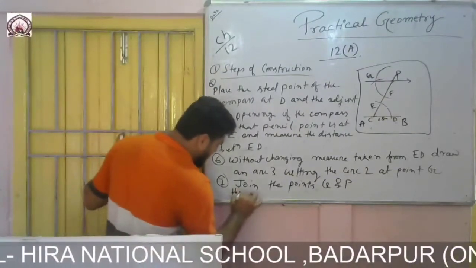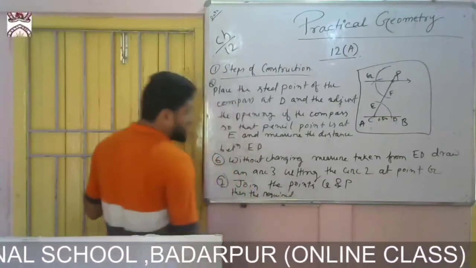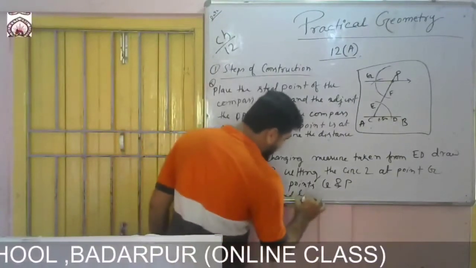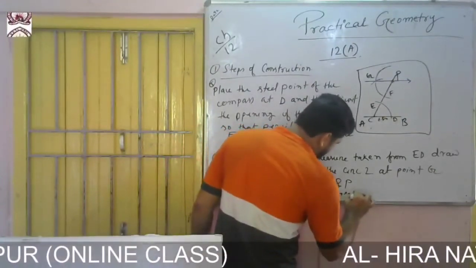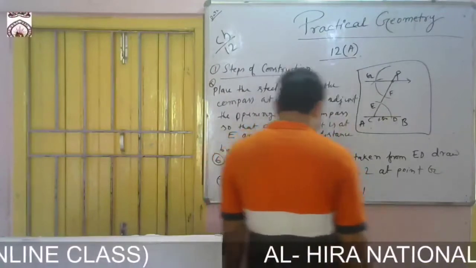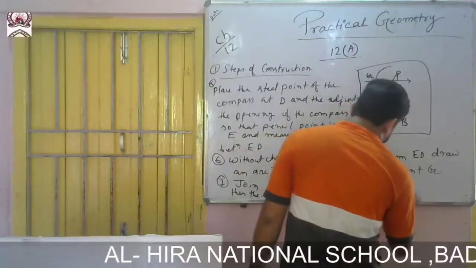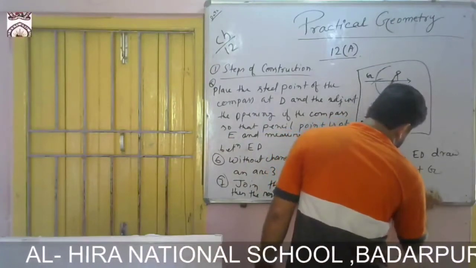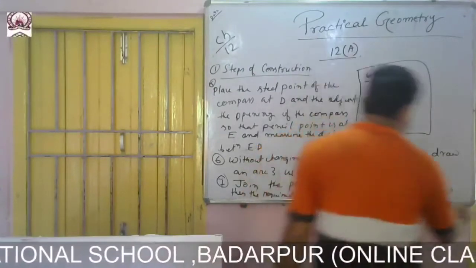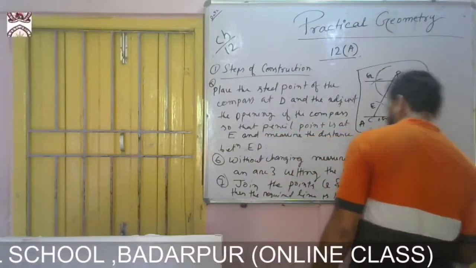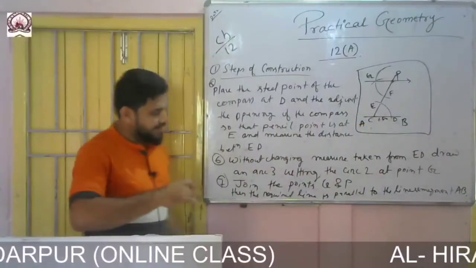Then the required line is parallel to the line segment AB.